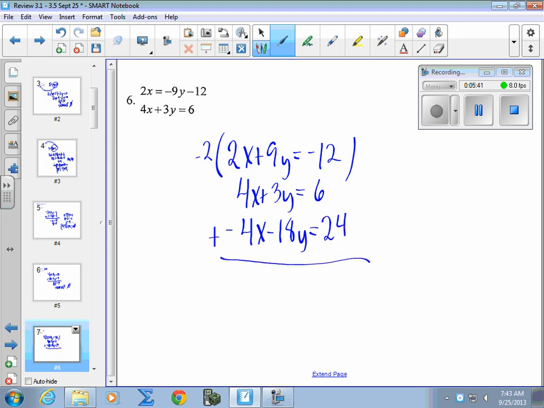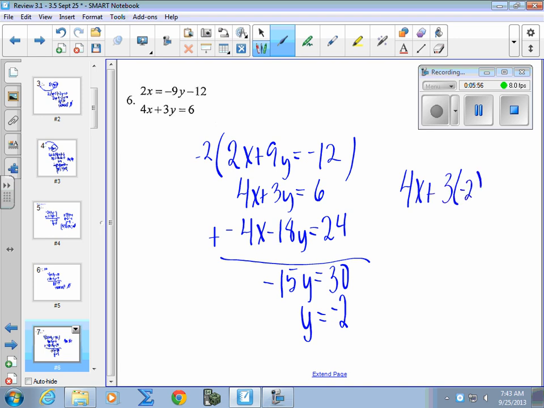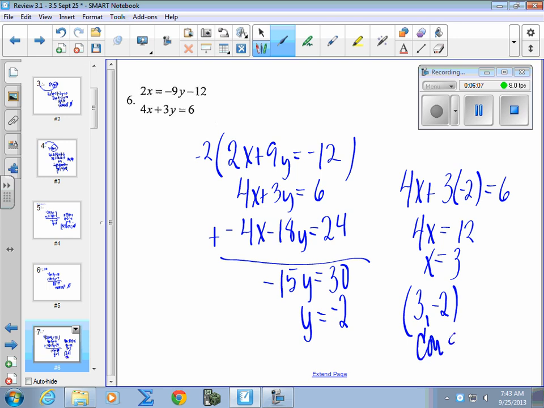When we add these together, we get negative 15y is equal to 30. Correct me if I'm wrong, y'all, and get negative 2 for y. So if we have negative 2 for y, what do we want to plug it in? I'll plug it in the second equation, and we get 4x plus 3 times negative 2 is equal to 6. So we get 4x is equal to 12. So x is equal to 3. So I have 3 and negative 2. It is consistent and independent. Everybody okay with that one?